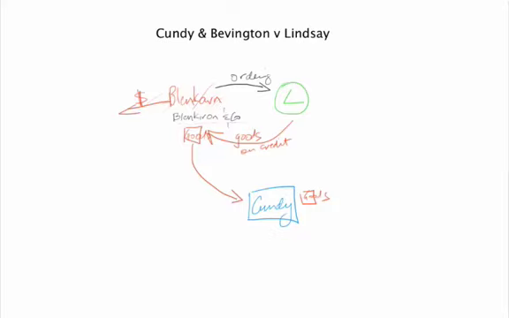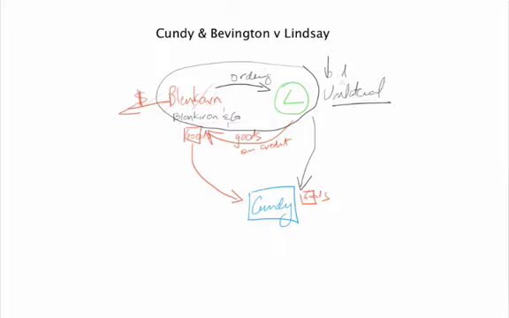So this action is actually all about Lindsey trying to get the goods back off Cundy. And what did the court say? The court said that in this instance, the contract between Lindsey and Blencarn, so this contract here, was actually void for unilateral mistake. Now, notice it's a unilateral mistake because it's only one party making the mistake.